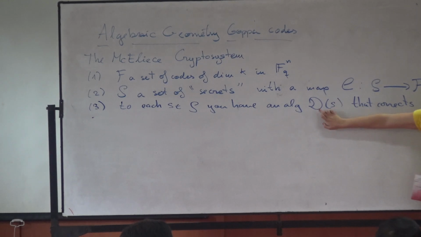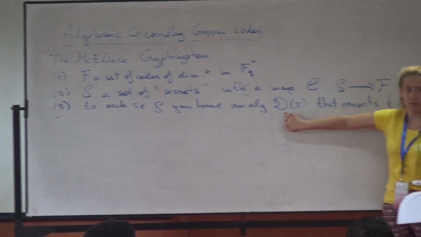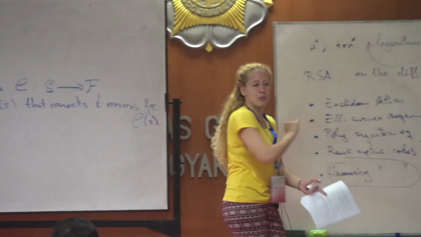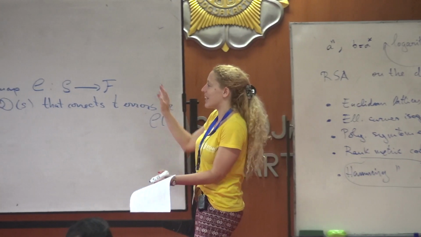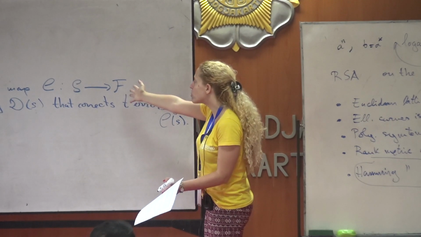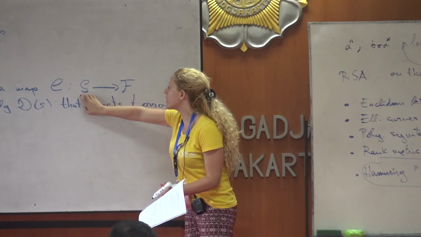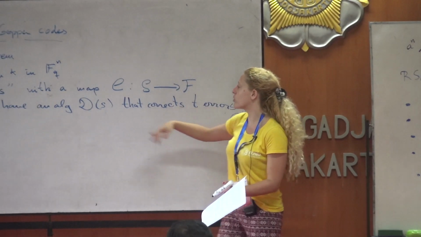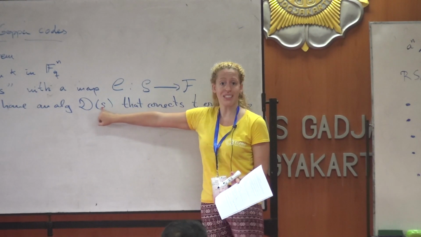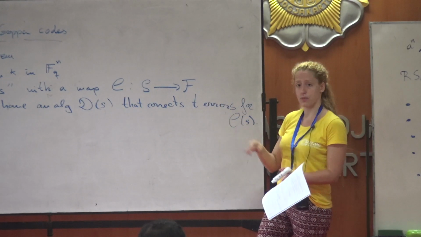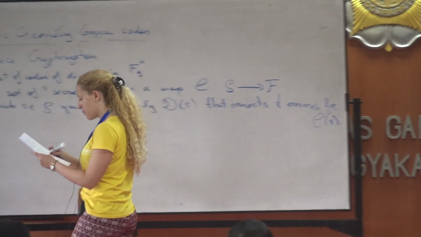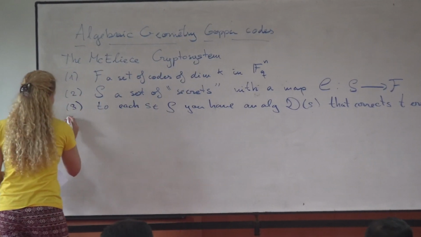So basically, this is a decoding. You see, this is what I was saying, that the key is very big. You need a lot of codes, then from each secret a map that gives you a code, and then for each different code you have a decoding algorithm that allows you to correct the errors. Okay, so now that you have this, let's see what the scheme is.